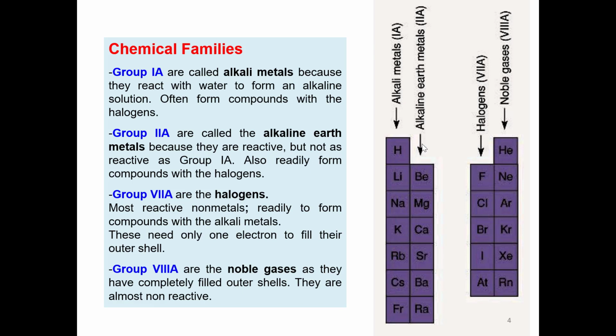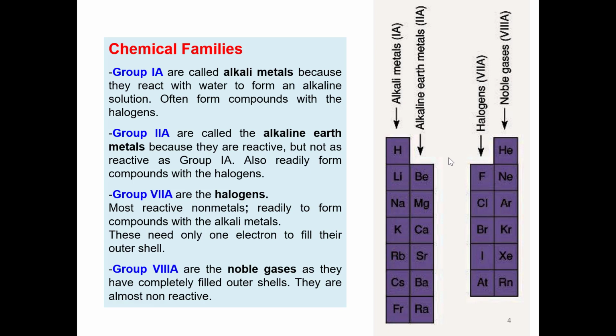The second group, group 2A, is the alkaline earth metals, and they react with water to form alkaline solutions. Usually these groups will react with the halogens group, the 7th group.